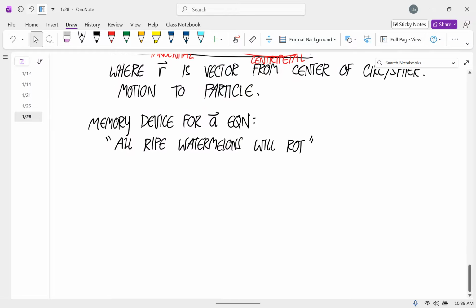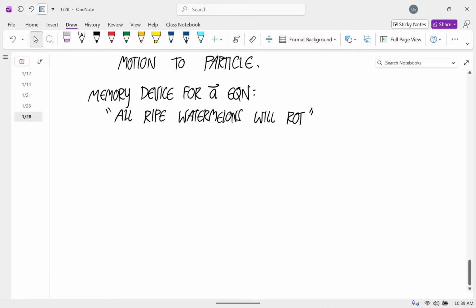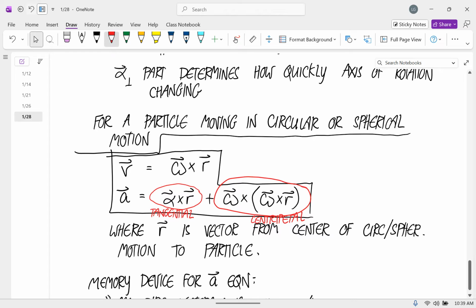Okay, so let's see this in action, see how this works. If the radius changes, will that be? Well, okay, so that's an important thing here.